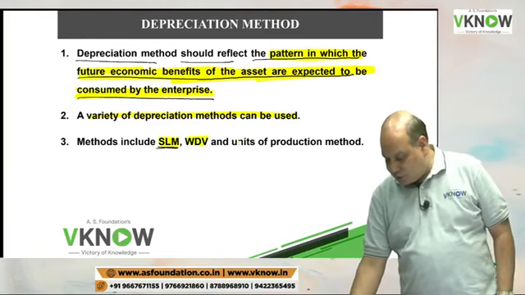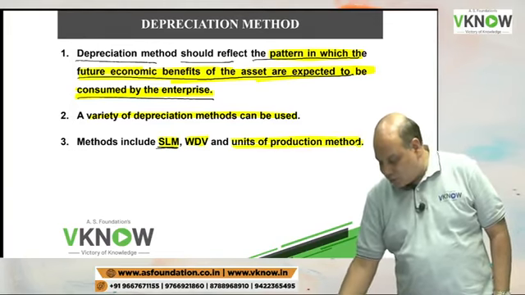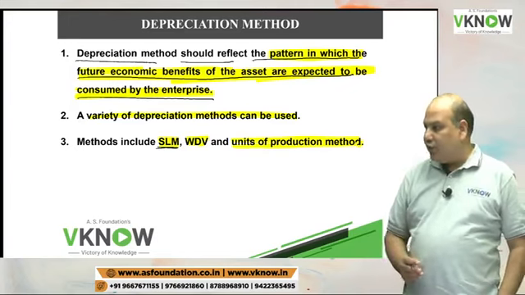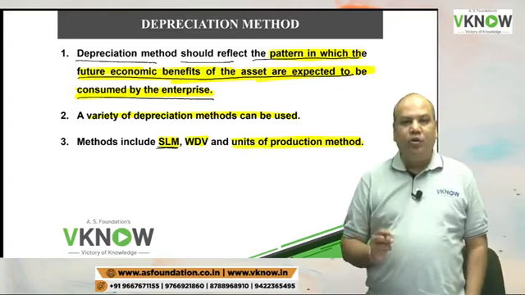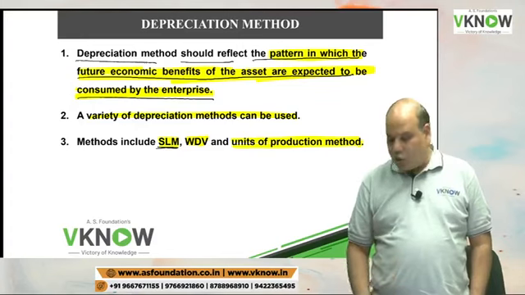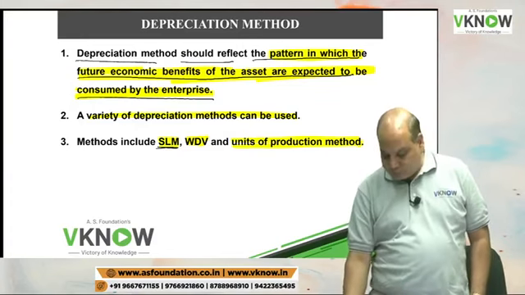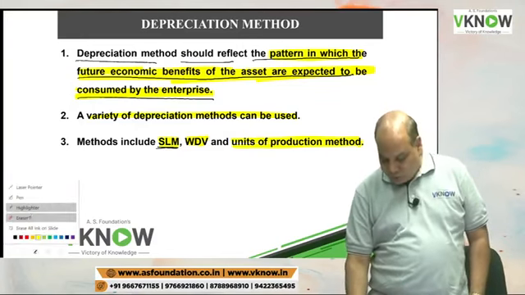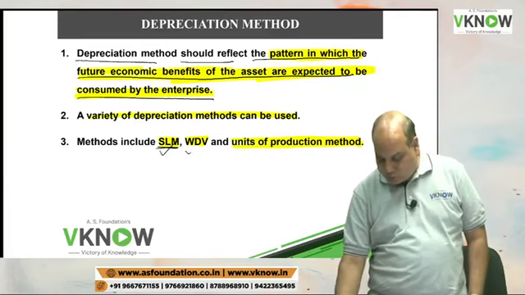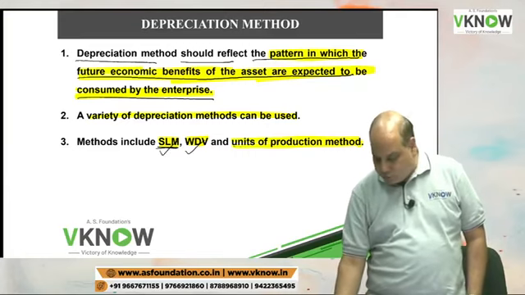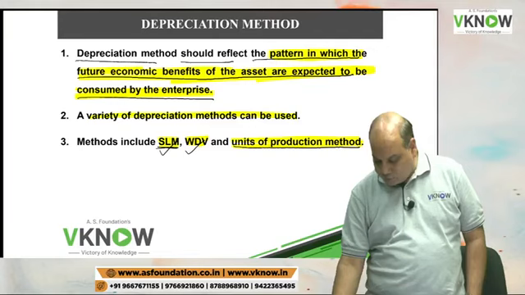So this standard, AS10, says one can follow either SLM or WDV or the unit of production method. In 11th and 12th standard, they teach you SLM and WDV. What is unit of production?